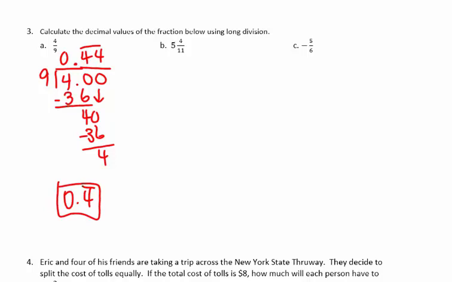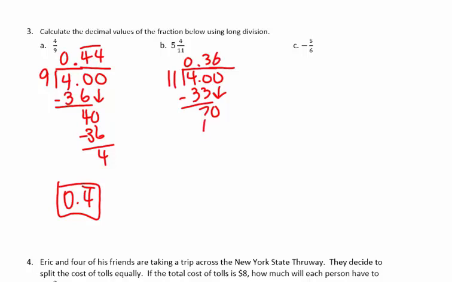Five and 4/11, I'm going to change the 4/11 into the decimal, and then I'll worry about that 5 in front of the decimal when I'm done. So 11 divided into 4, bring the decimal straight up. And divide. 11 into 40 is 3, that gives me 33. I subtract, I get a 7, bring the 0 down.